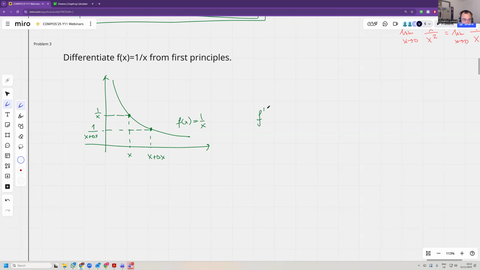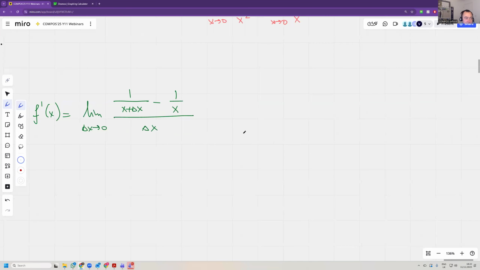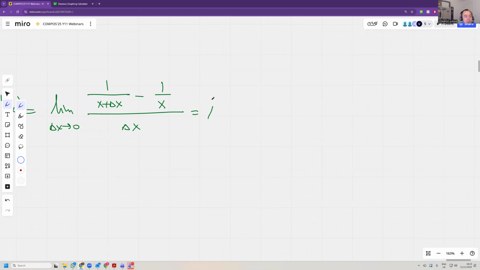So the derivative is the limit as delta x tends to 0 of 1 over x plus delta x minus 1 over x, all over delta x. Now I multiply this by x, and I multiply this by x plus delta x.